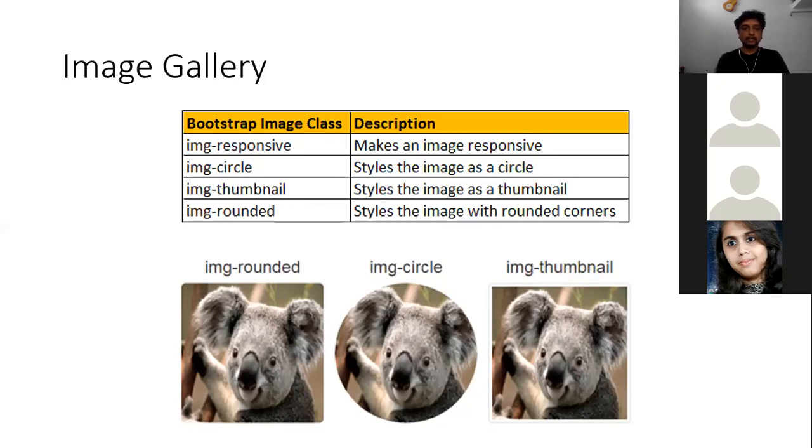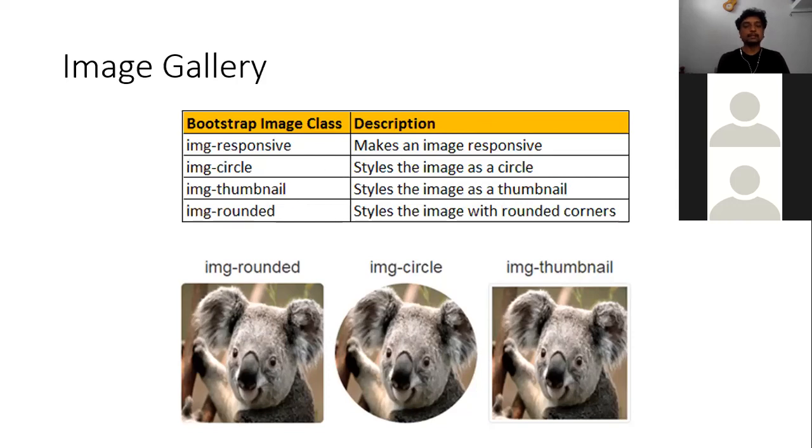What are these classes? Image responsive, as we are already familiar, makes the image responsive. We already worked on some examples where, if you reduce the screen size, the image fits within that screen and no image cropping takes place, and the image visibility is clearer compared to when the image is not responsive.